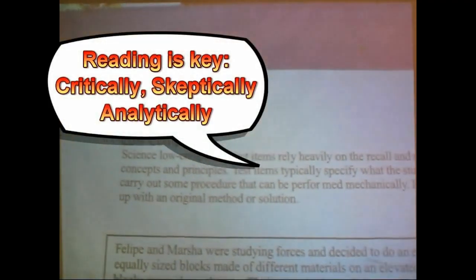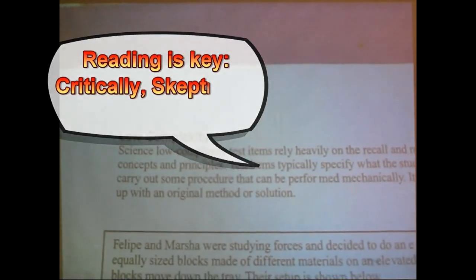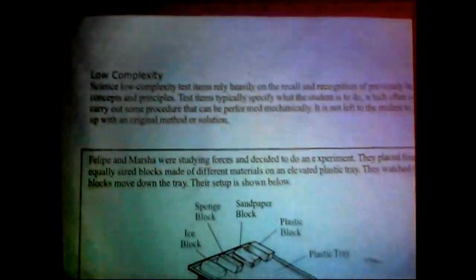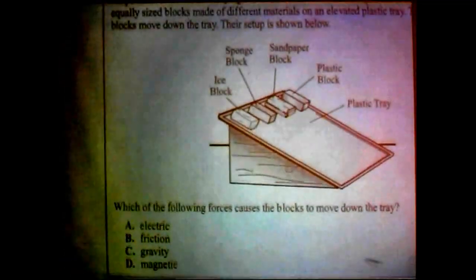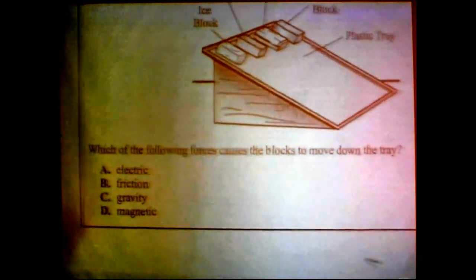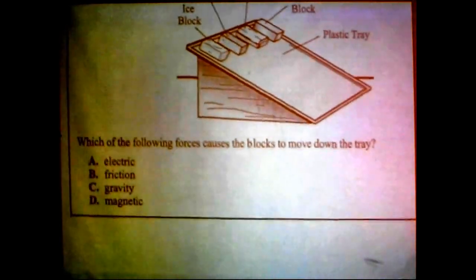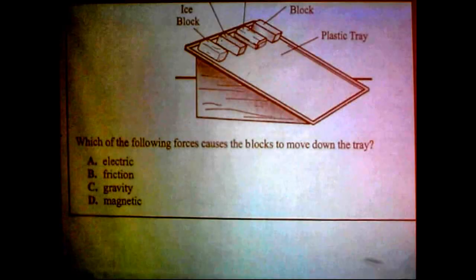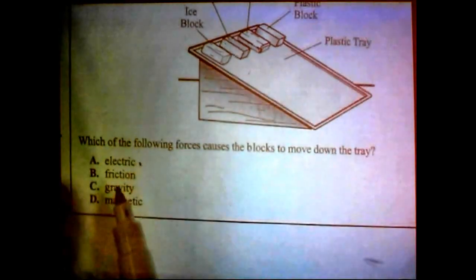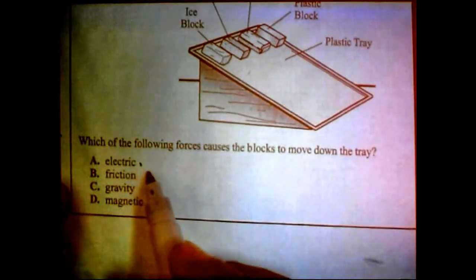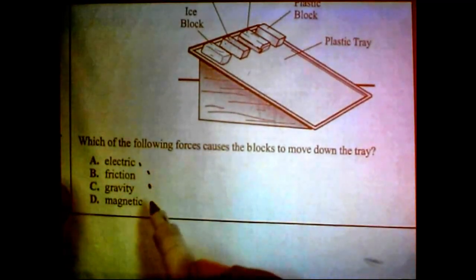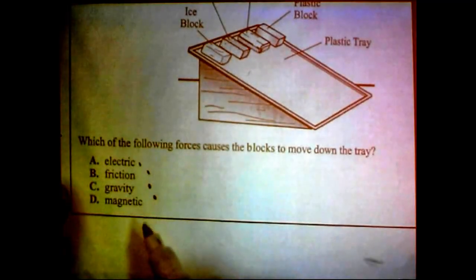This question right here is a low complexity question. Why is it a low complexity question, as I zoom out? Because all it's asking me is the type of force that is going to pull the blocks down the tray. Here we have electrical force, frictional force, gravitational force, and magnetic force.